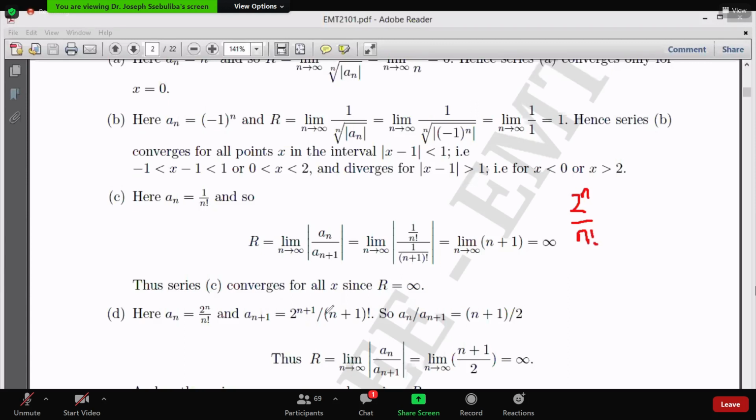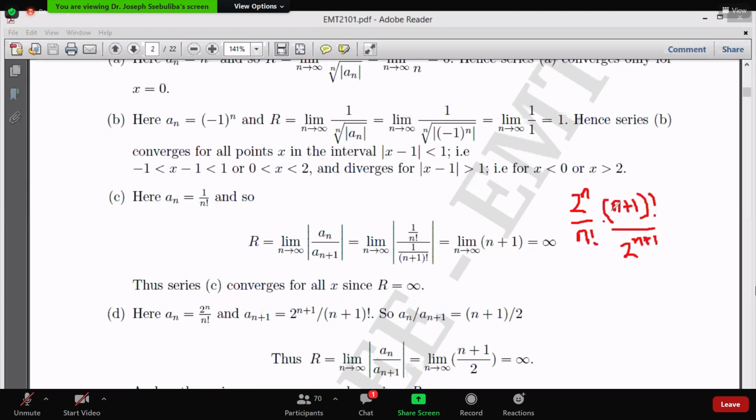But remember, dividing by this is equivalent to taking the reciprocal of that. So it means this is times n plus 1 factorial, and the whole thing is over 2 to the power n plus 1.